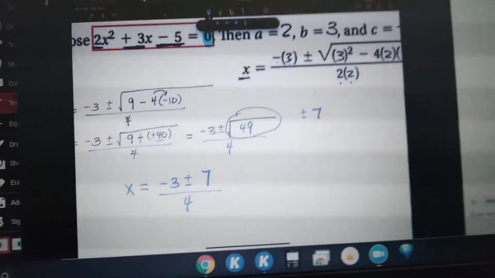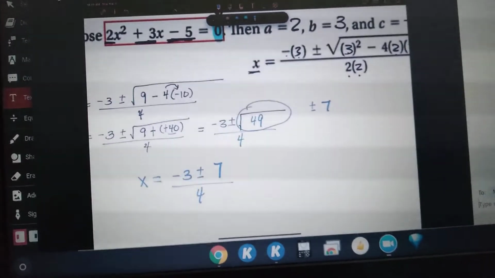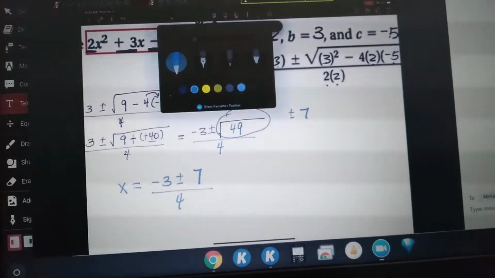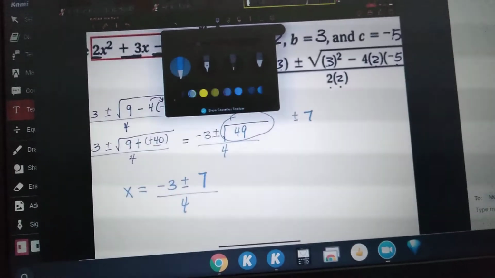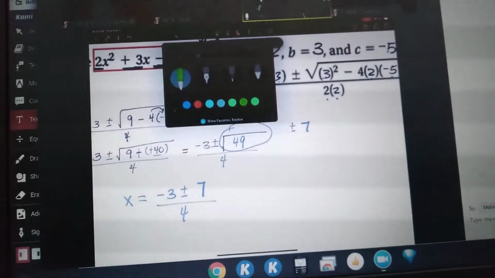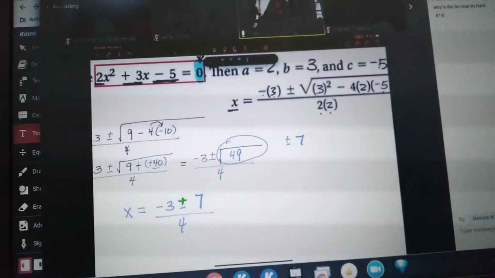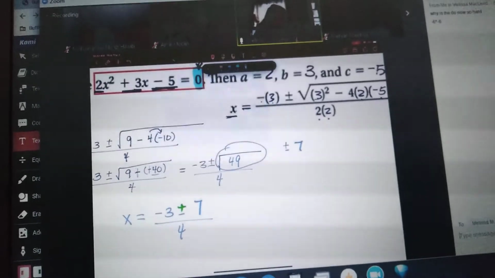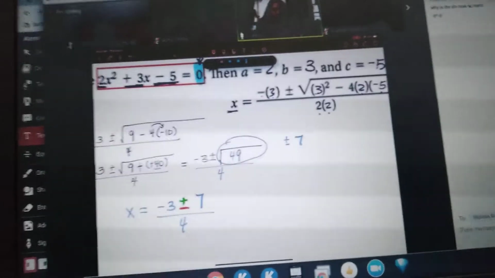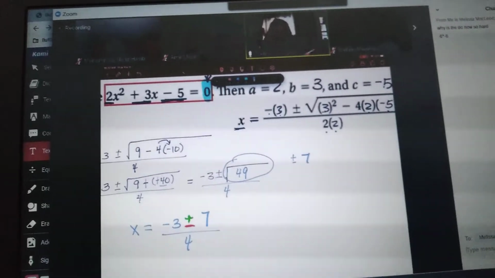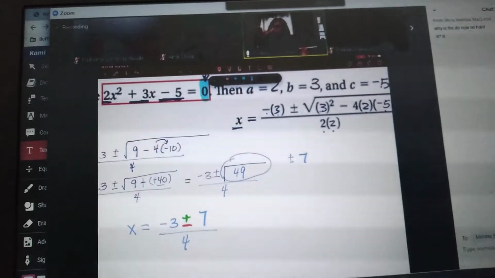All over 4. Everyone capiche? Good. So now I can clearly see I have 2 answers. I'm going to have negative 3 plus 7 over 4, and I will have negative 3 minus 7 over 4. Everyone capiche? Good. So let's solve for the 2 x values.